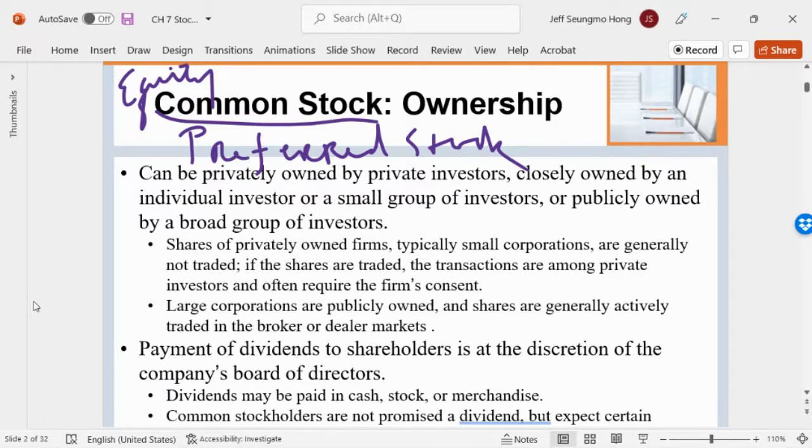Most companies before going public are privately held. And then when the company goes public, it's publicly owned, also called publicly traded. That means the stocks of these companies are publicly traded.